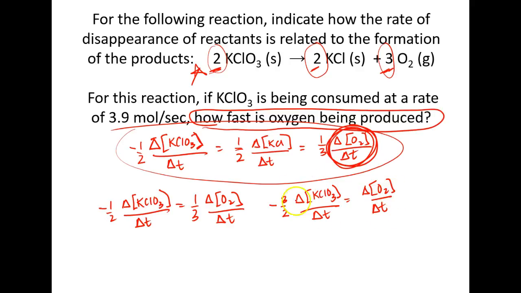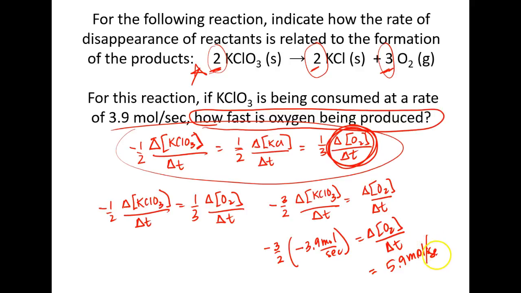Now I know in the problem it says that KClO3 is being consumed at a rate of 3.9 moles per second. So I'm going to substitute here. Now being consumed means it's going away, so its rate is negative. So I'm going to put in negative 3.9 moles per second. And I should get an answer of 5.9 moles per second.